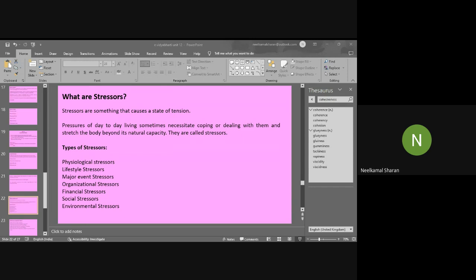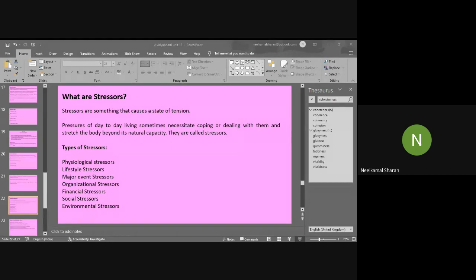Physiological stressors are related to your physical body, or stress due to injury or some accident. In that case also we have a feeling of stress. So stress due to some kind of injury comes under physiological stress.